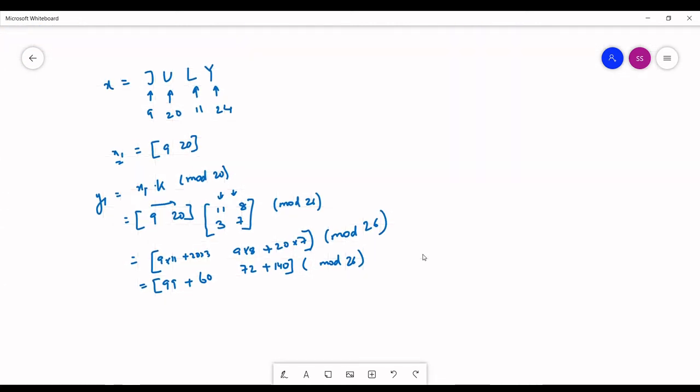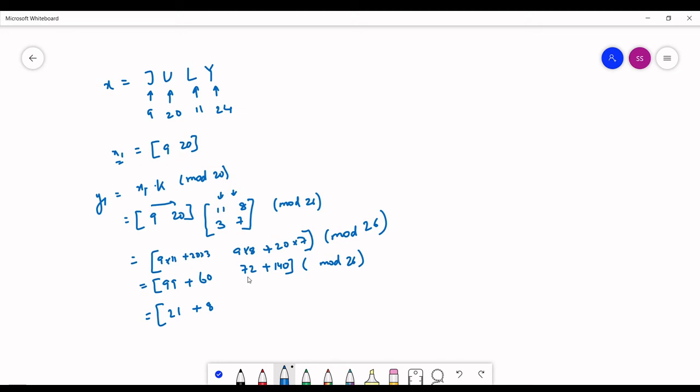But there is some other method which I am going to show you. You don't have to get a big number to solve it. You can just apply mod 26 here itself. So 26 into 3 is 78, so this will become 21, plus 26 into 2 is 52, so 60 minus 52 is 8. You can solve like this on each and every element.